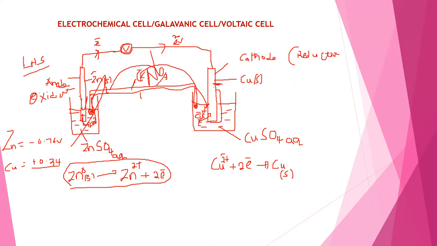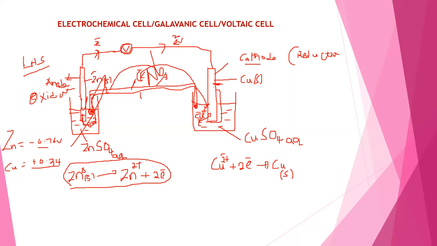You ensure that the anode is always at the left hand side, while the cathode is at the right hand side. And the element with the higher electrode potential is placed at the cathode, and it is reduced, while the one with the lower electrode potential is placed at the anode, and it is oxidized.